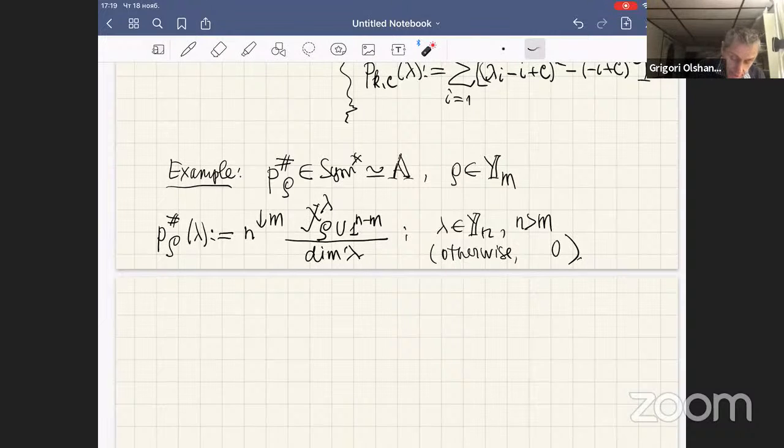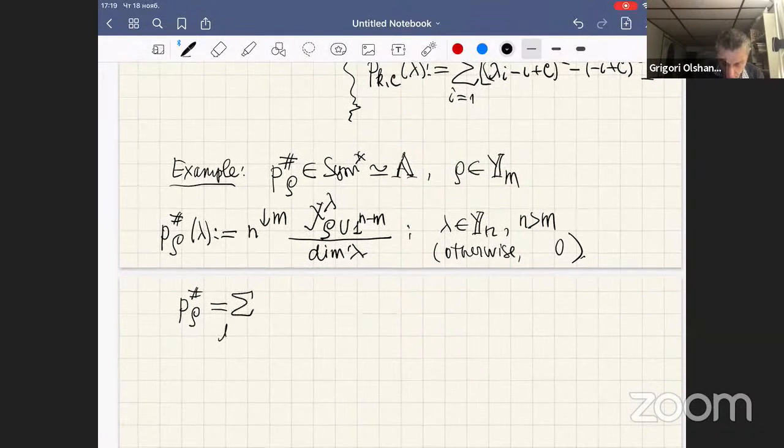Why? This is easy to see because we have the following relation. Actually, it is simply a linear combination over diagrams of the same size m, where we take these characters and multiply them by coefficients.